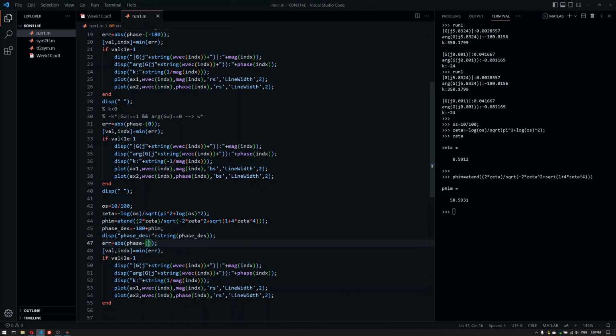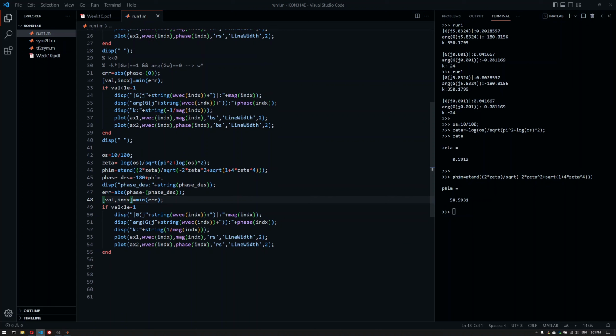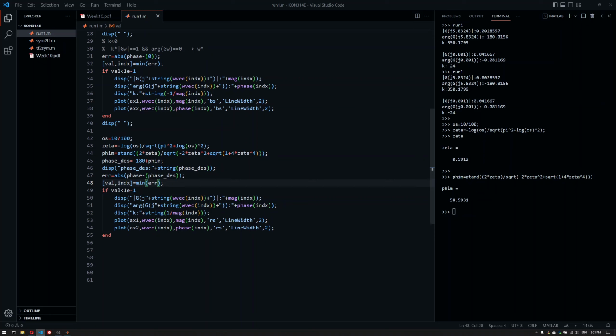And therefore, we're just going to look for phase des, the desired phase. So you can see if this is equal, then this absolute value should be equal to 0. We're looking for the minimum value, or where this minimum occurs. We look at the frequency. We look at the phase value.